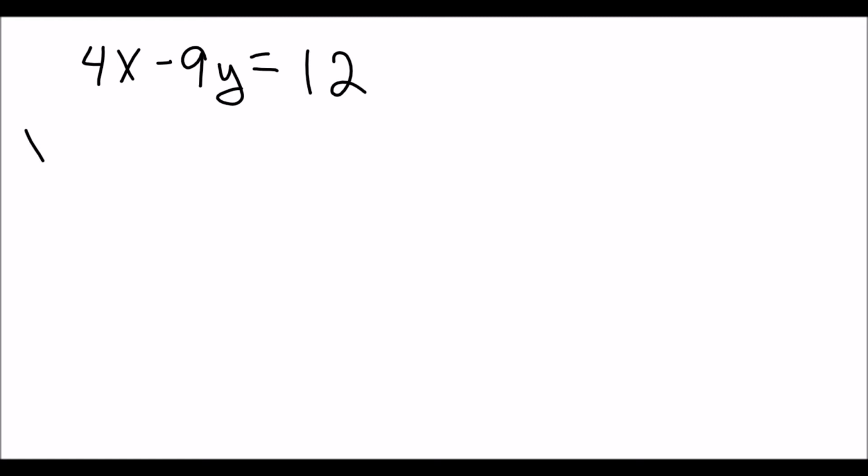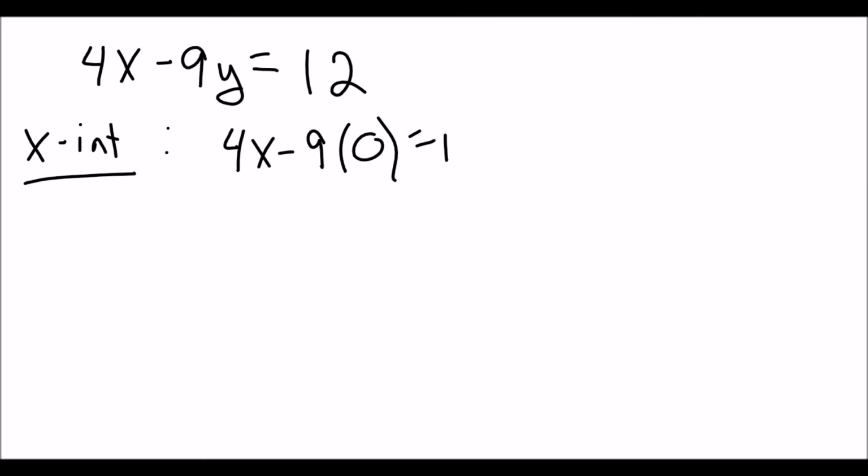So let's start with the x-intercept. For the x-intercept, we can use the exact same method. So we go 4x minus 9 times, it crosses the x-axis when y is 0, plug in 0, and that equals 12. And now we just solve for x.